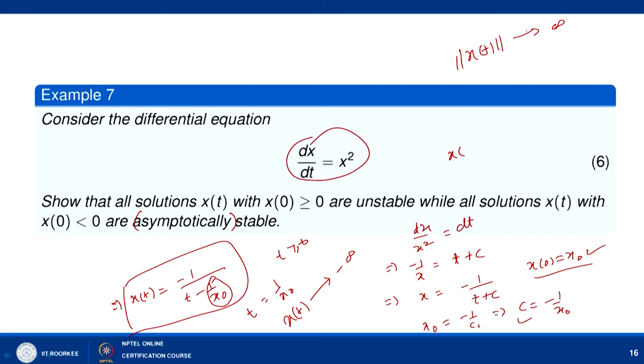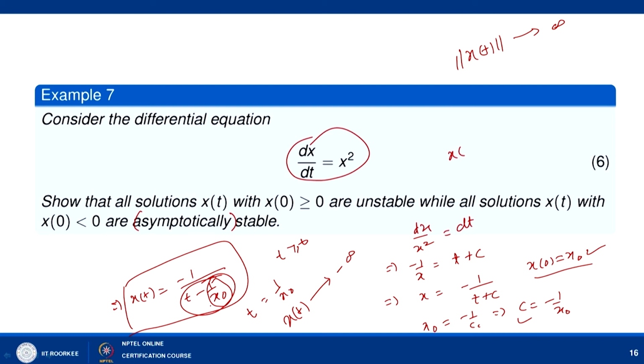Now, look at the case x0 is less than 0. When x0 is less than 0, then this c is basically a positive value, or I can say that here 1 upon x naught is negative, and hence t minus 1 upon x naught, the whole thing, is positive now. It means that for t greater than 0, we do not have any value of t for which this can be made 0, right.